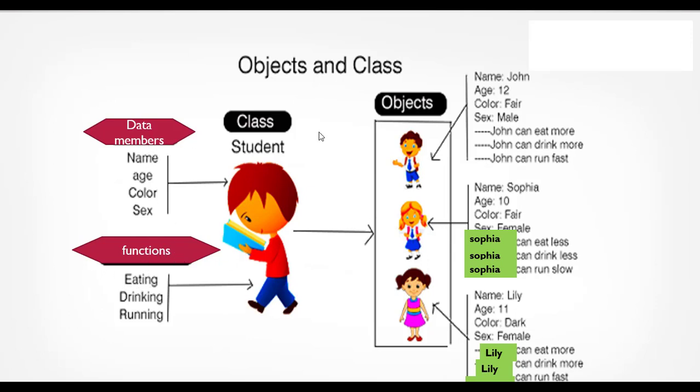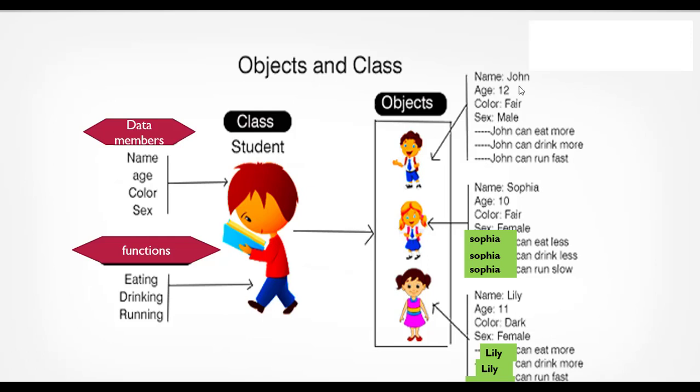So a class consists of data members and functions, and a class is a collection of objects. Suppose there are 80 students in a class, then we consider that as a common class, and each student will be considered as an object. The characteristics of each student may differ, or can be the same, but the functions of the student are different, like eating, drinking, running. These are the different functions, also known as methods.